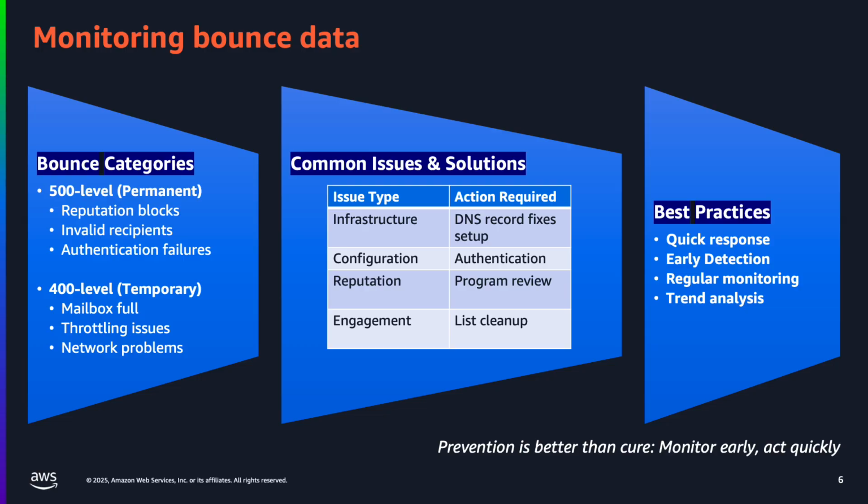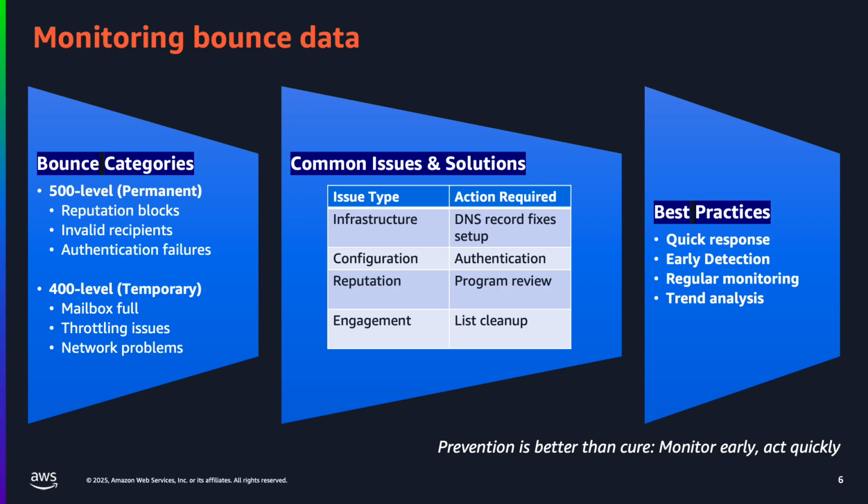Typically, 500-level SMTP responses indicate a permanent failure, such as blocks due to reputation and invalid recipient bounces. 400-level SMTP responses typically indicate a transient or temporary reason for bouncing, such as a mailbox full or temporary throttling issue. Understanding whether bounces result from infrastructure issues, configuration problems, or broader program challenges allows senders to focus efforts appropriately.